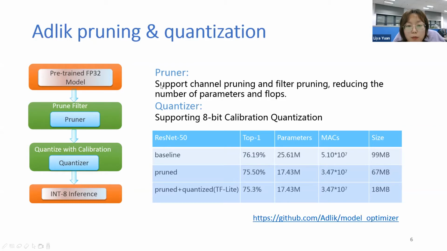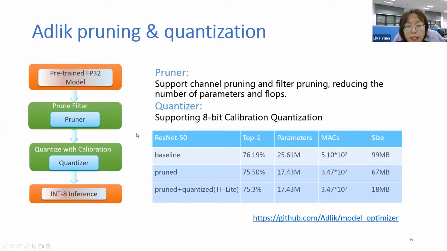The pruner supports channel pruning and filter pruning, which is used to reduce the number of parameters and FLOPs. And the quantizer supports 8-bit calibration quantization. After the pruner and quantizer, you can use 8-bit inference.